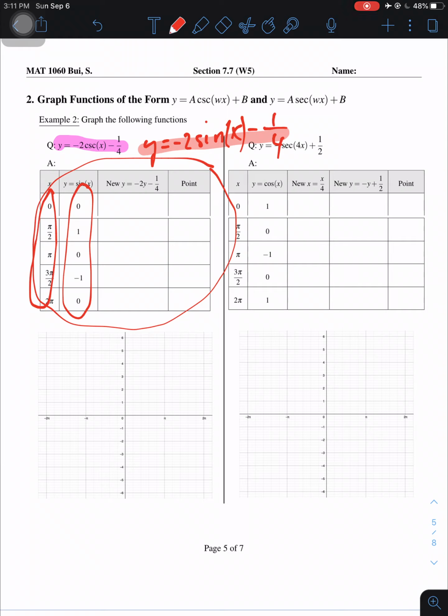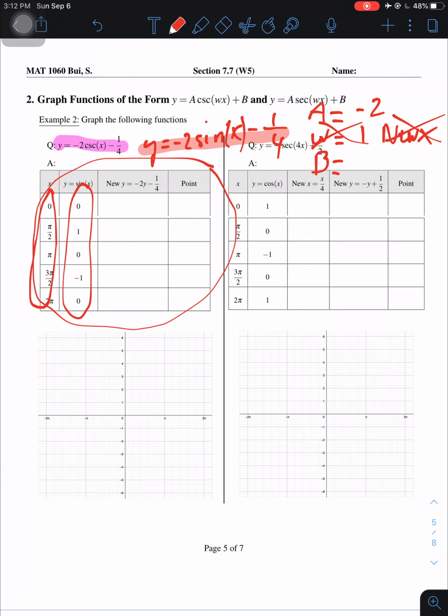And from here you're going to identify a, omega, and b, just like the old game, right? So my a in here is -2. My omega in here, well, I don't have an omega, or I can put just 1 for my omega. And because I have no omega, I have no new x, so in my table, if you notice, there's no new x column, okay?